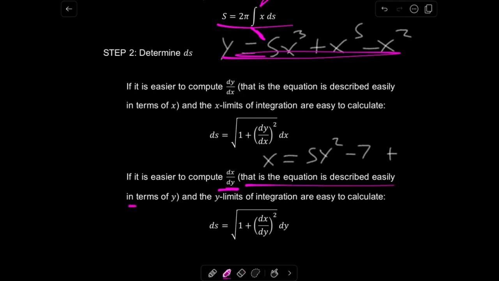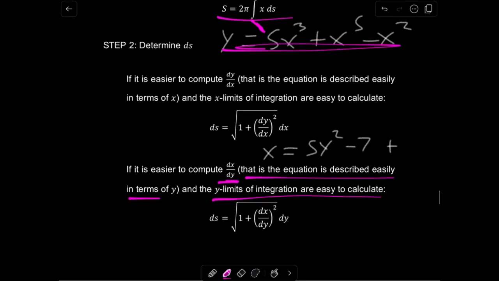That means that the equation is basically described easily in terms of y, and the y limits of integration are easy to calculate. Then again, ds is equal to the square root of 1 plus dx/dy, the derivative that is easy to calculate, squared, and then you're obviously going to integrate with respect to y.